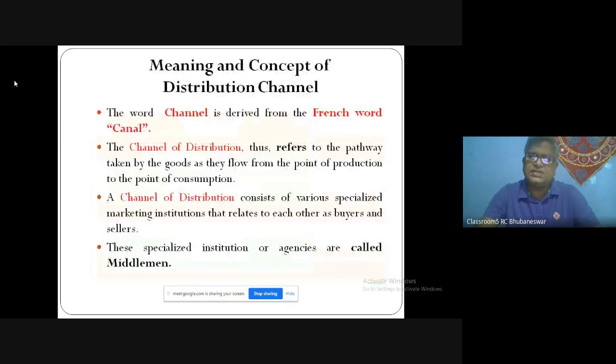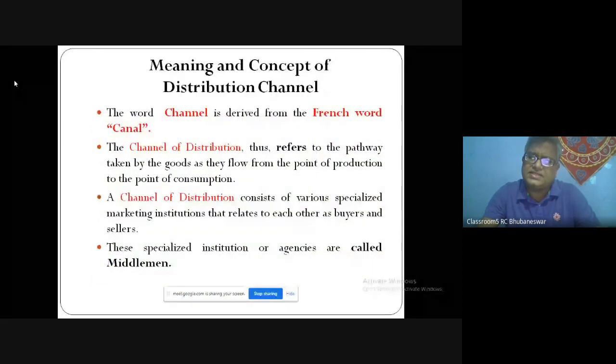My dear students, the word channel is derived from the French word canal. Channel of distribution is just like a pathway, or a flow from the point of production to consumption.